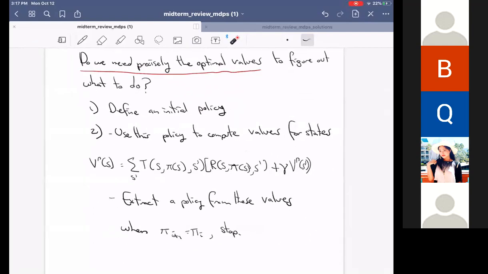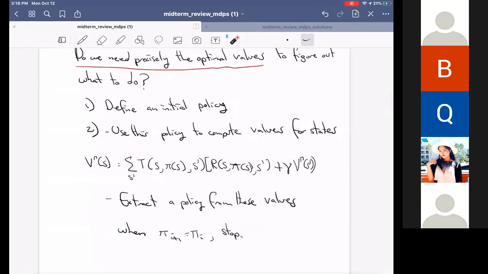The way this works is first you define some initial policy. This can be good, this can be bad, but it's better if it's closer to the optimal policy. Then you say, okay, use this policy to compute values for states.